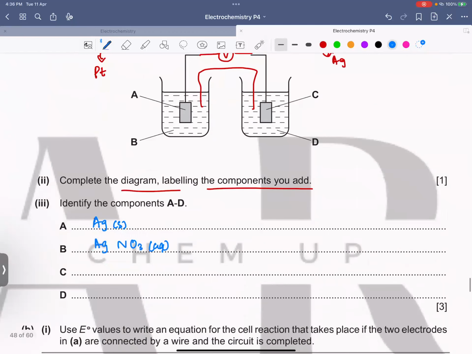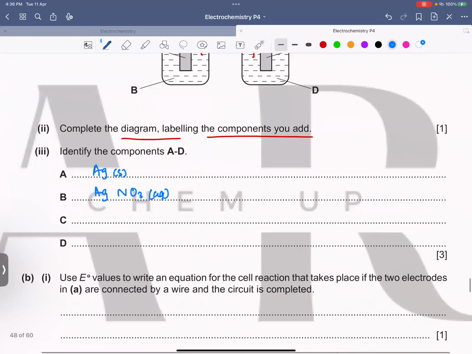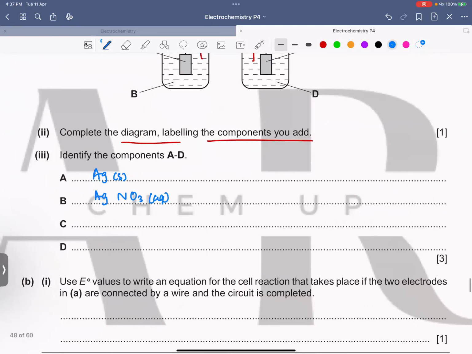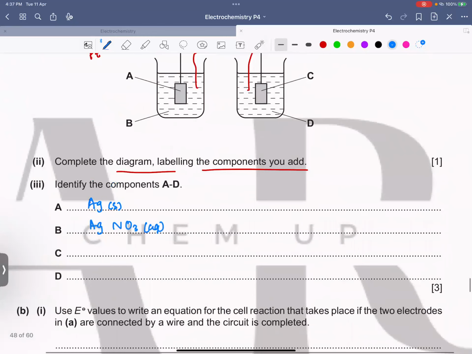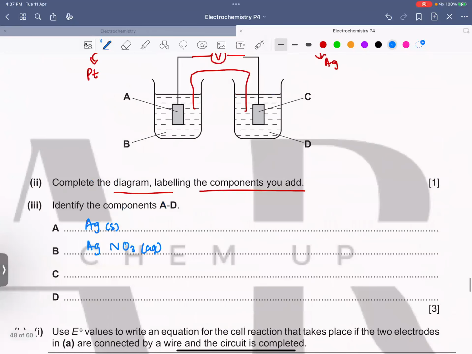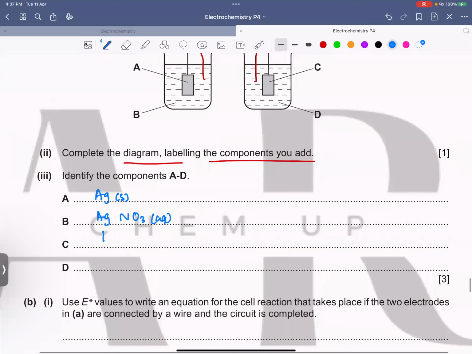Here they are just asking you to label. So C is platinum, and then we have Fe2+ aqueous and Fe3+ aqueous.